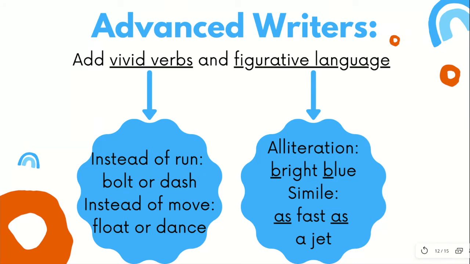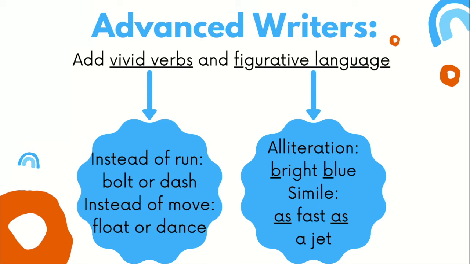For our more advanced writers, they can start adding vivid verbs and figurative language to what they observe. For example, a vivid verb is a very specific verb that shows a very specific action. Vivid verbs are also exciting to add to your sentences. For example, instead of using the word move, we can use the word run.